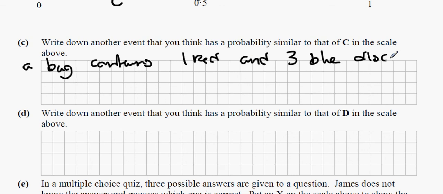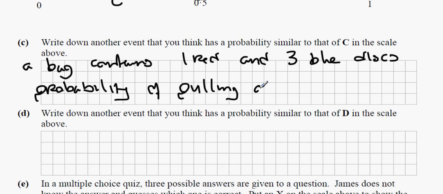Probability of getting a red is 1 in 4. Of pulling a red is 1 in 4.